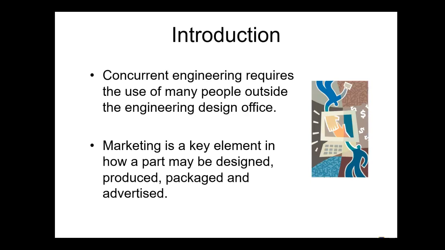As an introduction, concurrent engineering requires the use of many people outside the engineering office. Concurrent meaning that multiple people are doing things at the exact same time. Marketing is a key element in how a part may be designed, produced, packaged, and advertised.